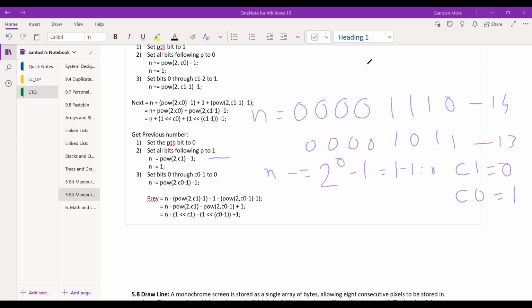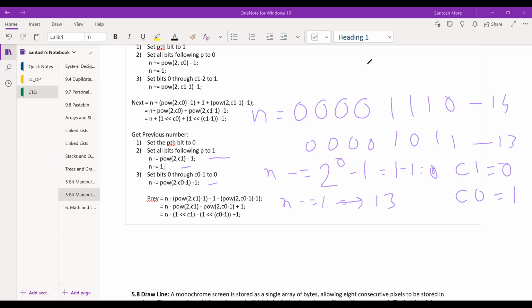So my n is actually 14, so n still remains 14 and then I subtract 1 from it. Then this value will be 13. So this value becomes 13, and then I again have to do it for the C0 bit.